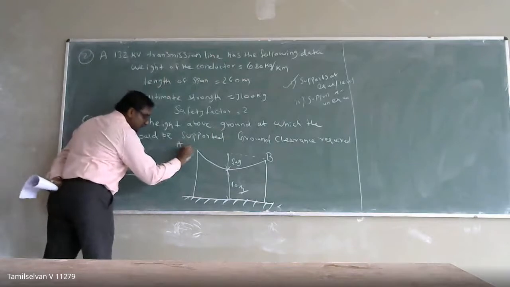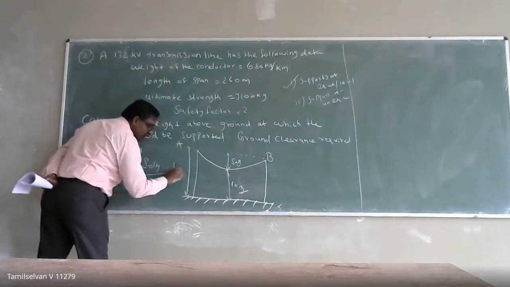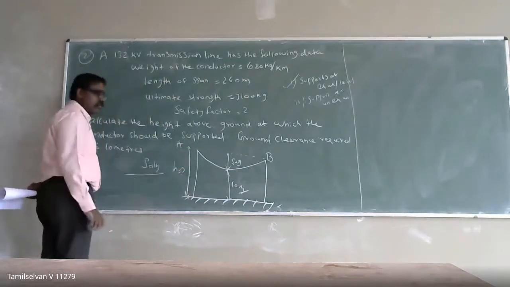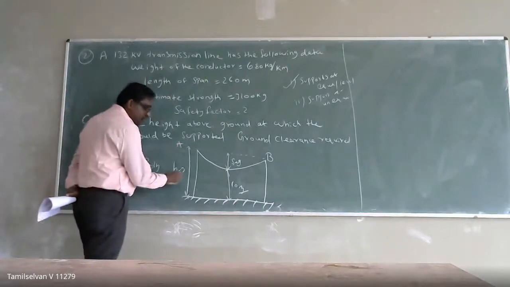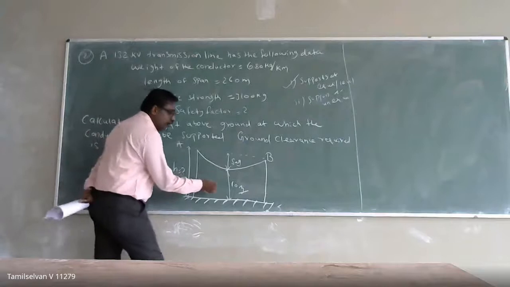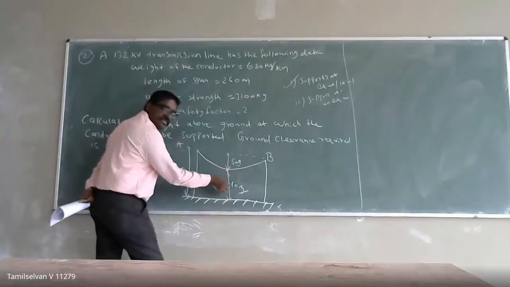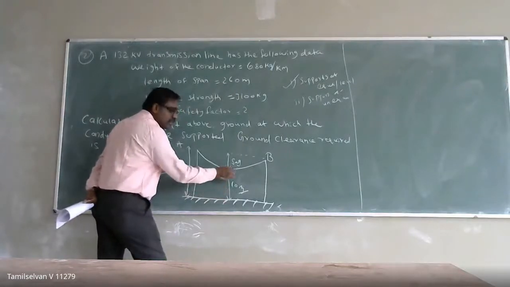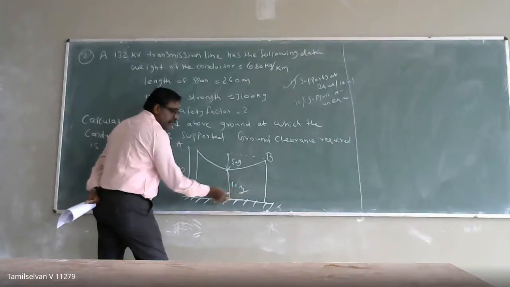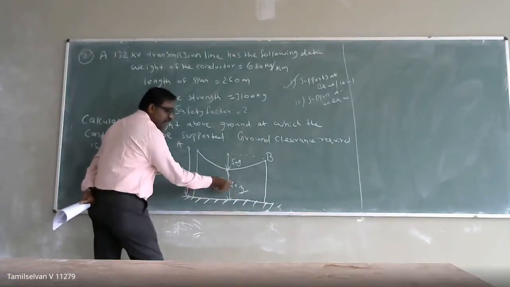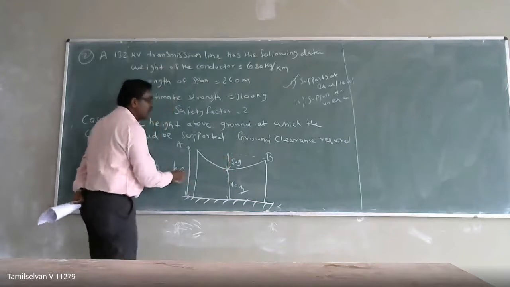They have given the clearance from the lowest point of the conductor, the ground clearance, which is 10 meters. So they are asking for the total height, the height of the support. Above the ground, the lowest point should be up to 10 meters, but there is a sag. So if you add the 10 meters plus the sag, that is the height of your support.